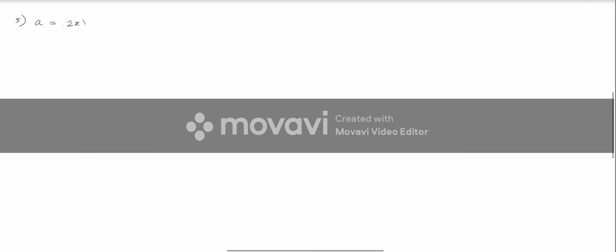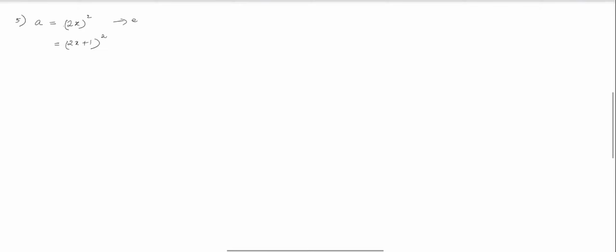Here we have even numbers and odd numbers, isn't it? So we'll split it like that and we'll have the square number. When it is even, we can have it as 2x the whole square, and when it is odd, we can have it as 2x plus 1 the whole square. So this one when even number and this one when odd number.